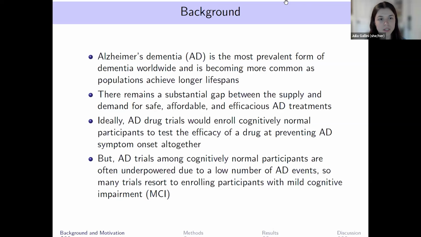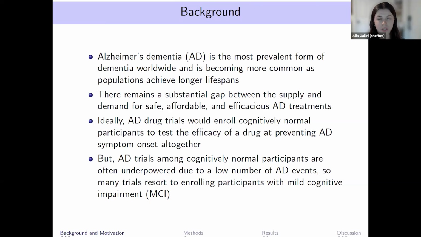So for some background, Alzheimer's dementia, or AD, is the most prevalent form of dementia worldwide, and it's becoming more common as populations achieve longer lifespans. And there remains a substantial gap between the supply and demand for safe, affordable, and efficacious AD treatments. Ideally, AD drug trials would enroll cognitively normal participants to test the efficacy of a drug at preventing AD symptom onset altogether.